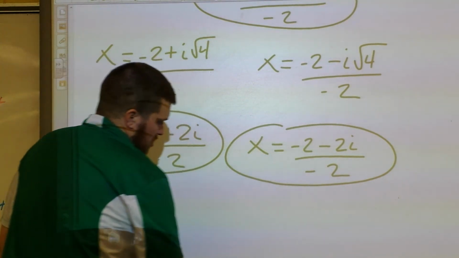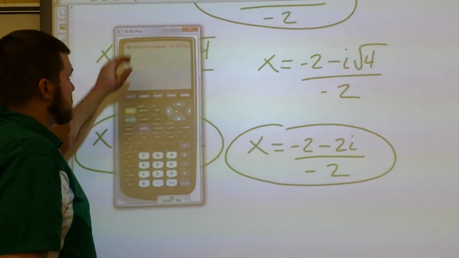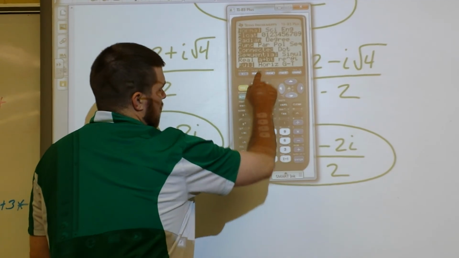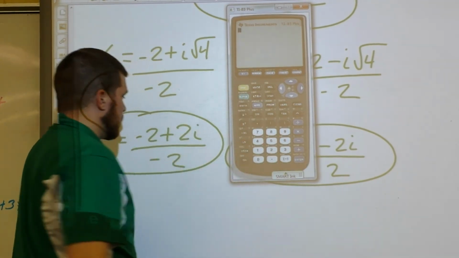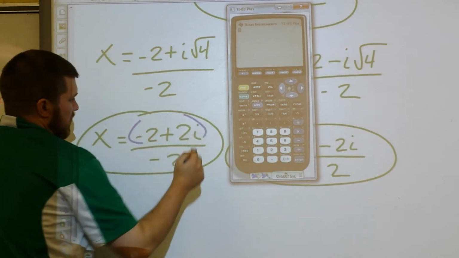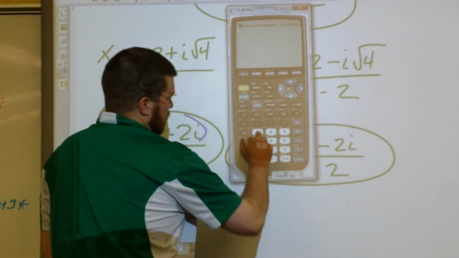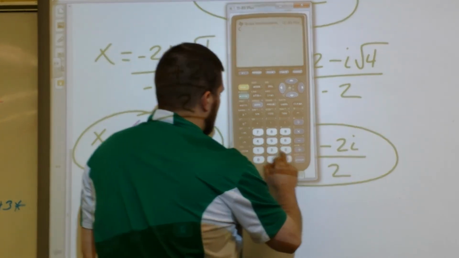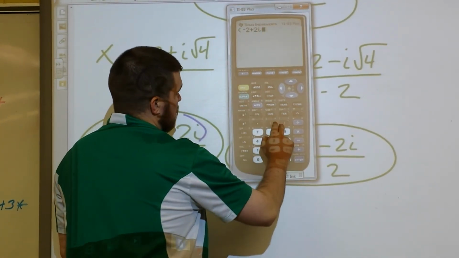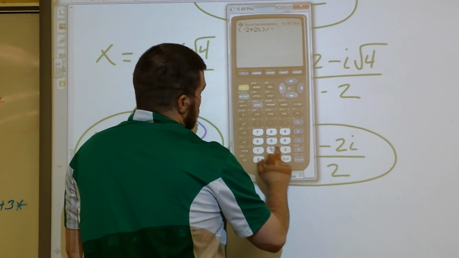What I suggest you do is use your calculator. Again, I see an I, so I want to make sure I'm in A plus BI mode, which I am, because I did that earlier in this video. When I type it in my calculator, I have more than one thing on top, so I need parentheses. So that's what I'm going to do. So parentheses of -2 plus 2I, to get to the I, you hit second decimal, divided by -2.